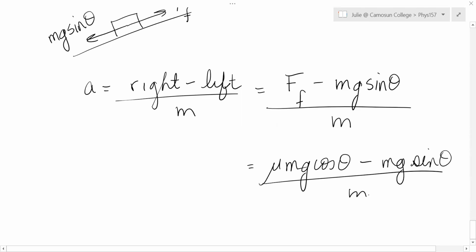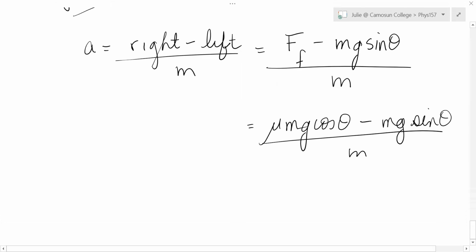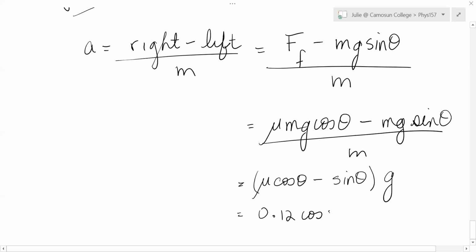over m. The acceleration is still negative. It's still going to accelerate down this incline. So it's left. It's going to accelerate to the left. Once again, m cancels, but now we have mu cos theta minus sine theta, all times g for the acceleration. So it's going to be a smaller number. Still negative though. So this is 0.12 cos 25 minus sine 25, all times 9.8.